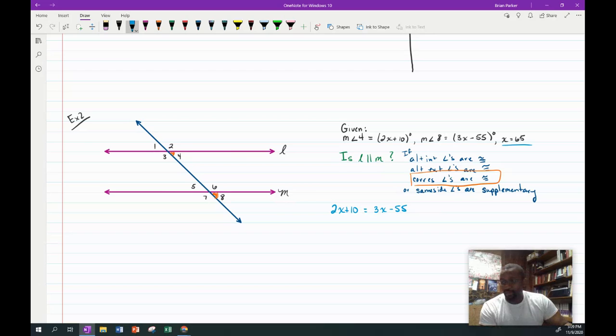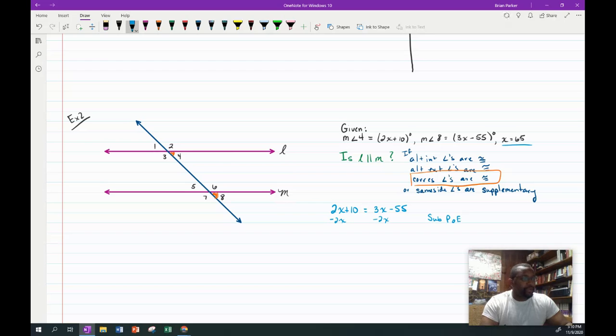So we're going to go ahead and do a little bit of math for this, okay? And so we're going to say that we'll subtract 2x from both sides, okay? And remember, that's the subtraction property of equality.